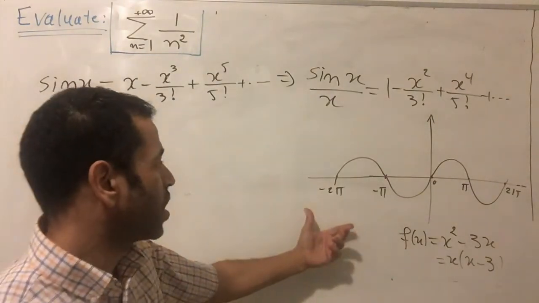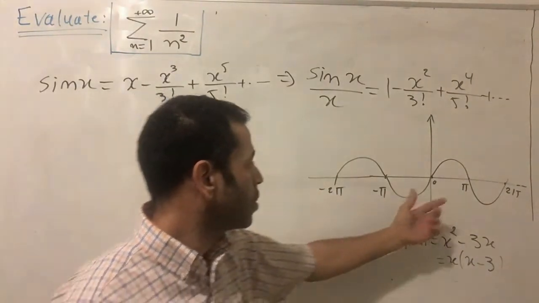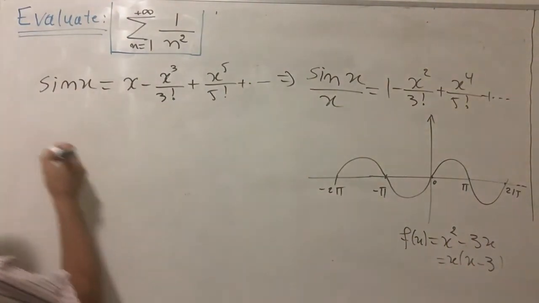The same thing with the sine. We have the roots of this sine x: 0, pi, 2 pi, minus pi, minus 2 pi. So the same thing with sine x.